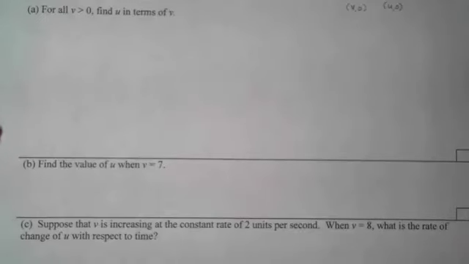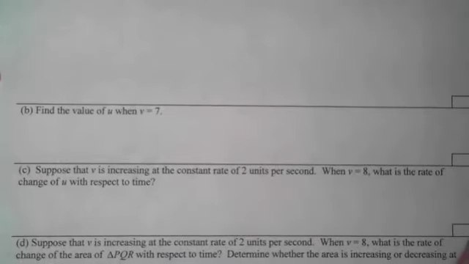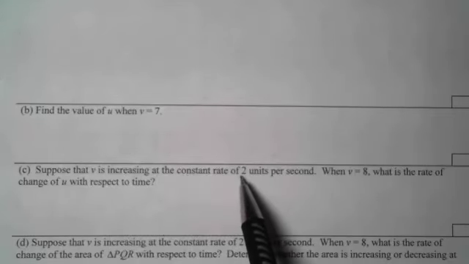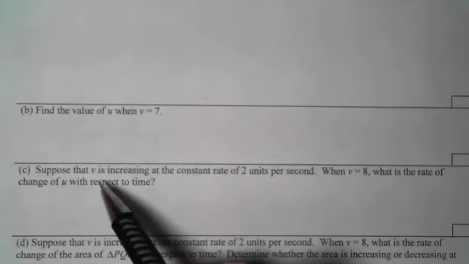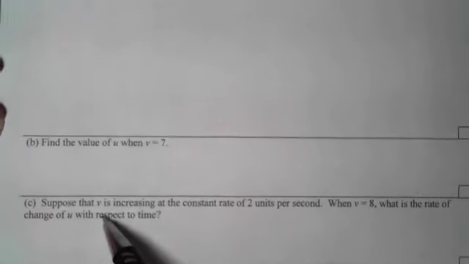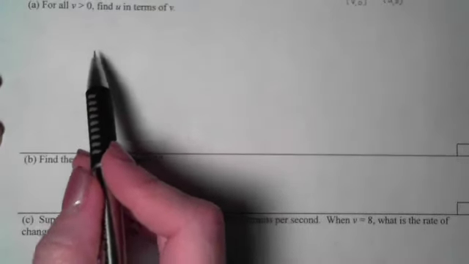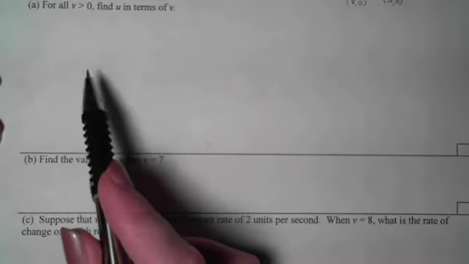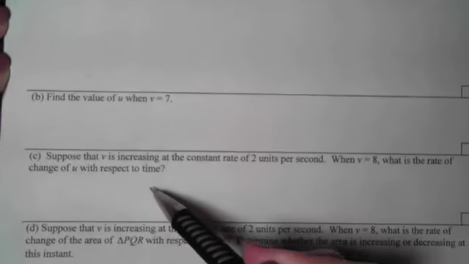Then if we look at part C, we've got information about dv dt, because v is increasing at a constant rate, and we want to know what du dt is going to be. Since in part A we're finding the relationship between u and v, part C is just going to involve taking the derivative of that relationship and then plugging stuff in.